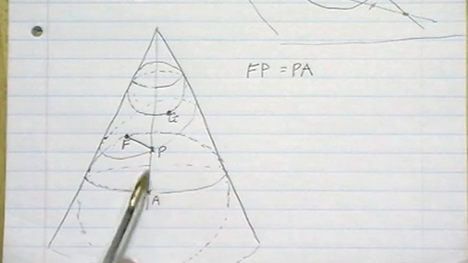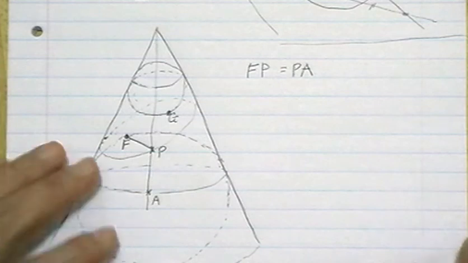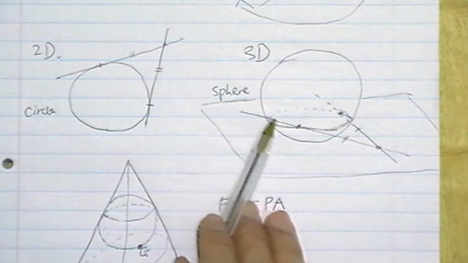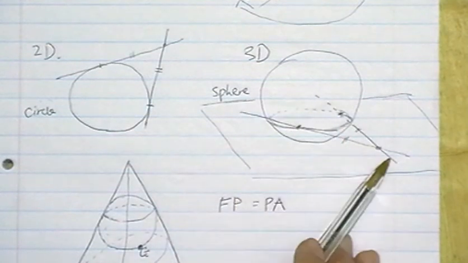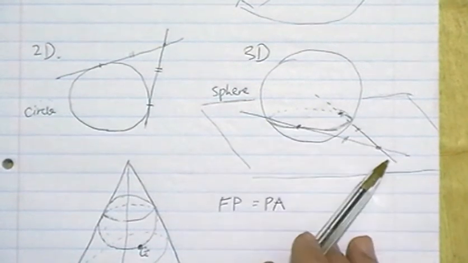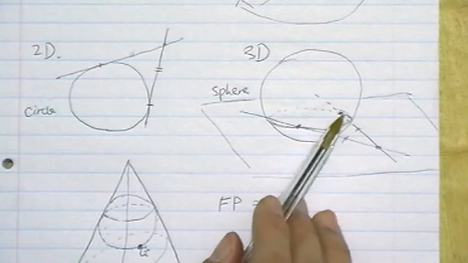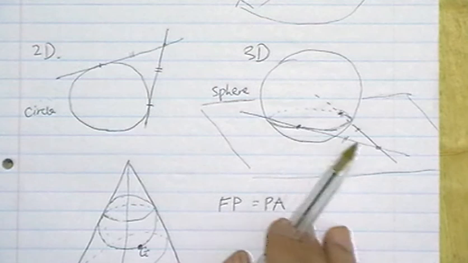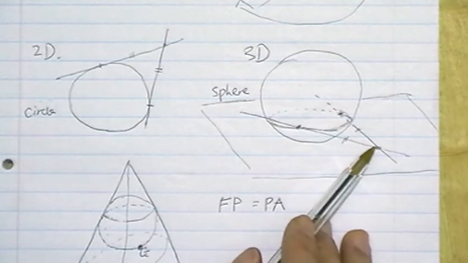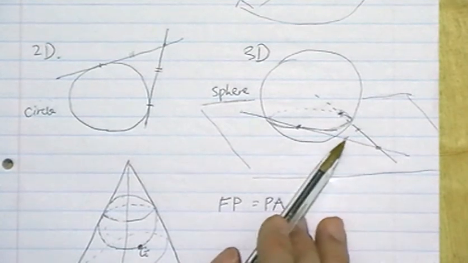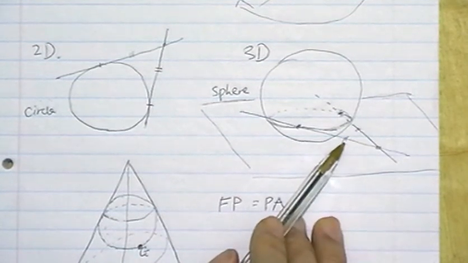So these two lines are both tangents to the big sphere, in just the same way that those two lines are tangents to this sphere. And we've already seen that if these two lines just touch the sphere, then the distances from the points of contact with the sphere to the points of intersection of the two lines must be equal.